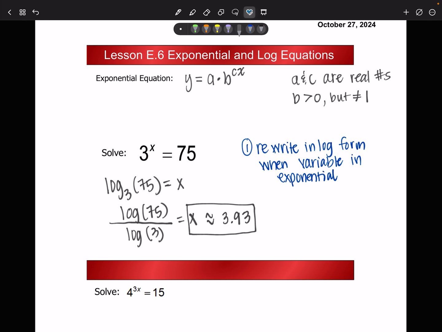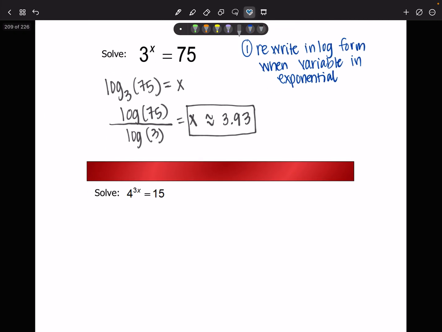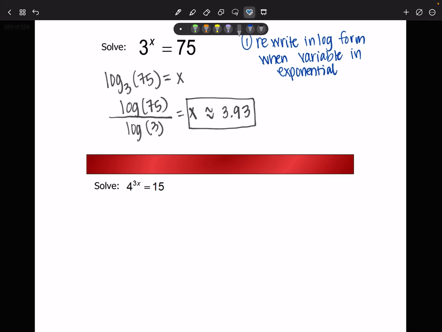Okay, so we'll try another one. We've got 4 raised to the 3x power equals 15. Now we've got a variable in the exponent.